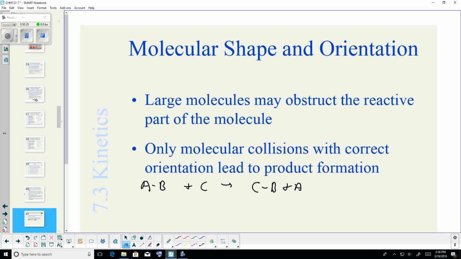So remember, these things are rotating in space. If C hits B, nothing happens. C has to hit A for something to happen. So that's what I mean about orientation. What about shape?